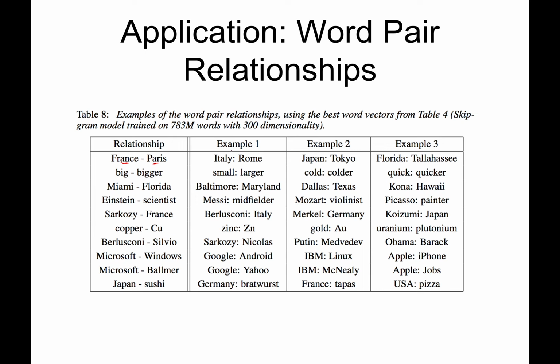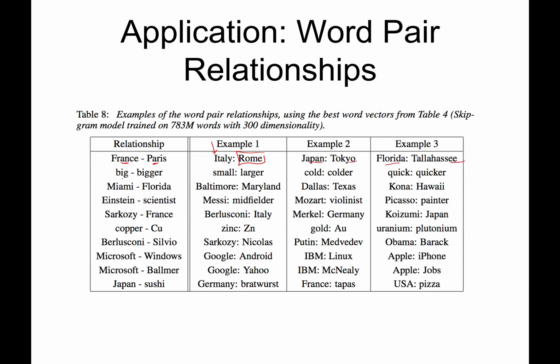And then you give the name of a country, for example Italy, and you compute with your vectors: if I use the same vector that helped me move from the point France to the point Paris, and I do the same thing to Italy, where do I end up? And you will see that you end up very close to Rome. Same thing if you do this, same thing if you do that.